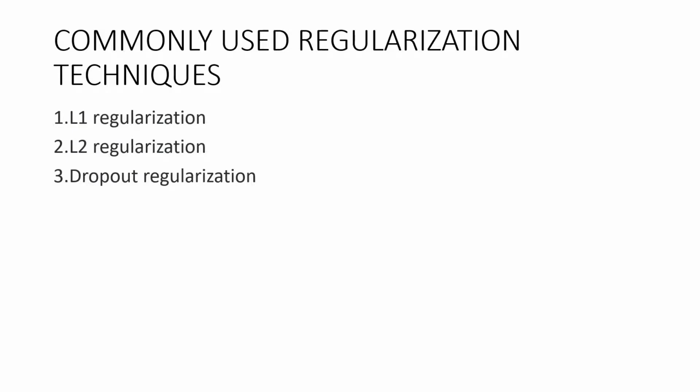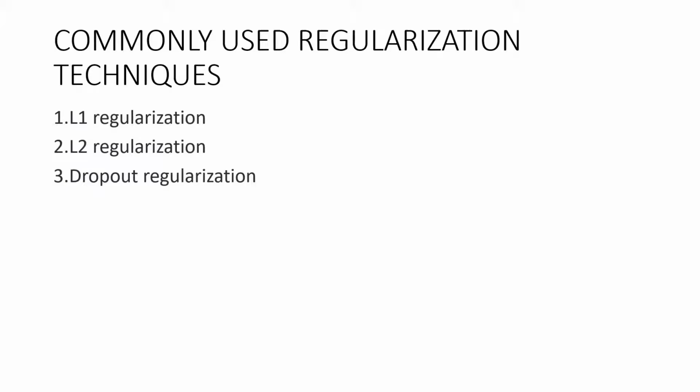A regression model which uses the L1 regularization technique is called Lasso, least absolute shrinkage and selection operator regression. A regression model that uses the L2 regularization technique is called ridge regression.